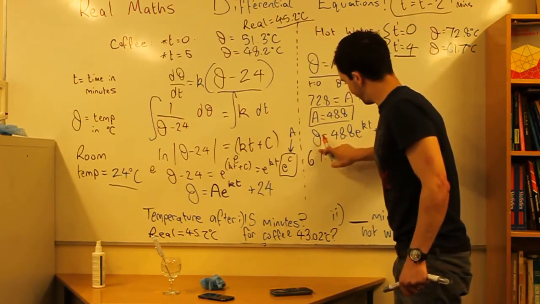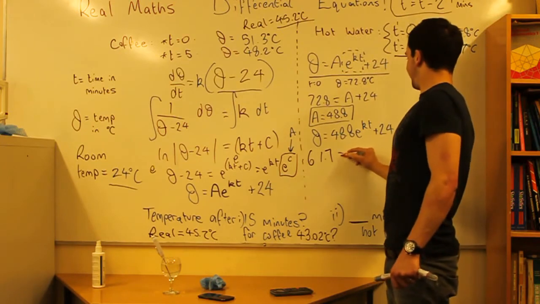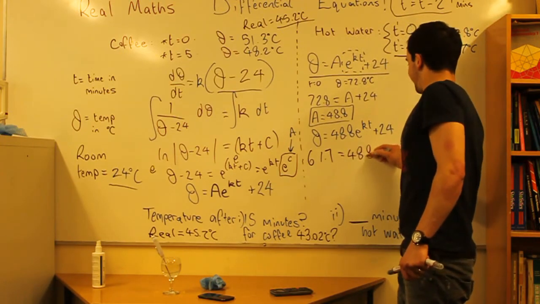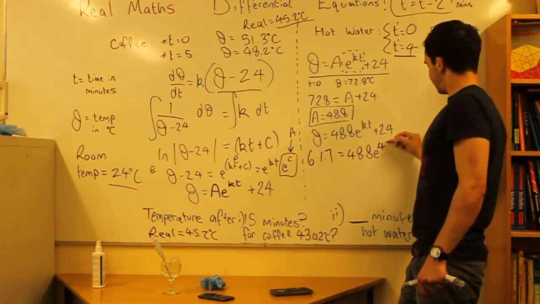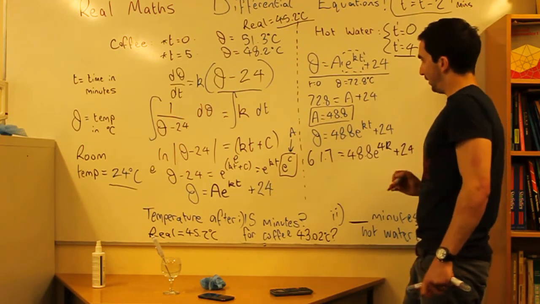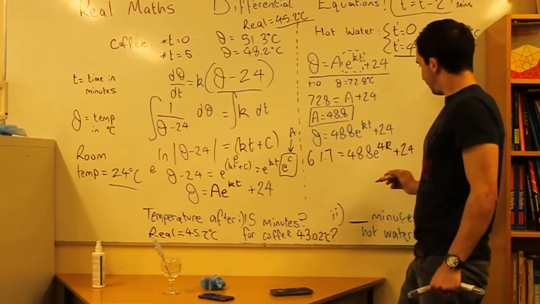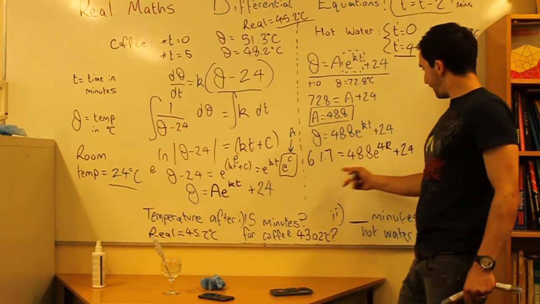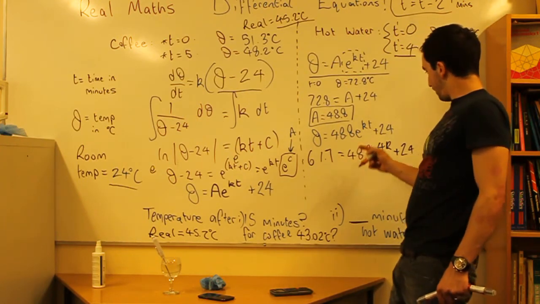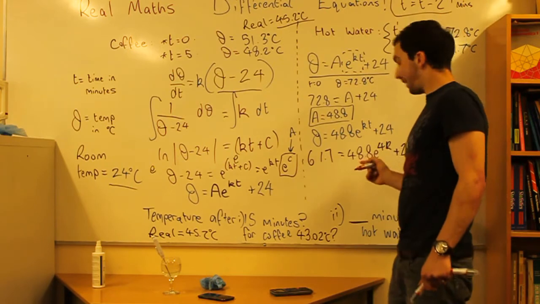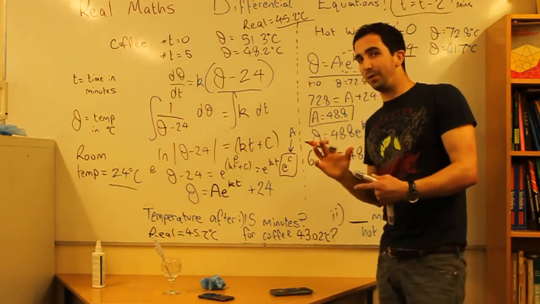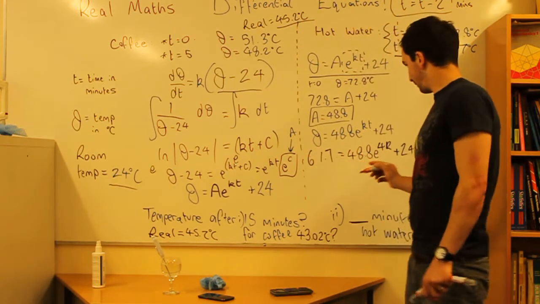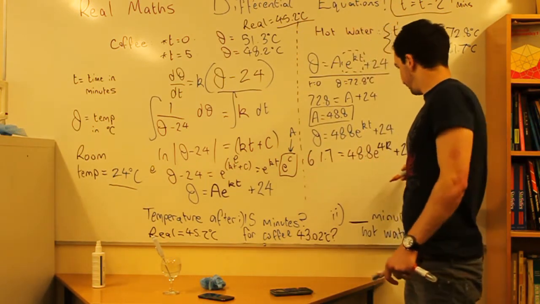So 61.7 degrees is equal to 48.8 e to the 4k, where t is 4, plus 24. What we're going to do is solve this: take away 24, divide by 48.8, take ln and divide by 4. I'm sorry if that's a bit quick. At home you can work that out yourself as well. It's just rearranging this equation.